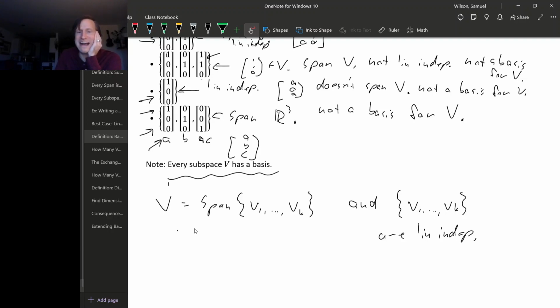But these are exactly the requirements we need for this collection to be a basis. So that theorem that we proved really demonstrates that every subspace has a basis. Right? It might be difficult to come up with it, but there definitely is a basis.